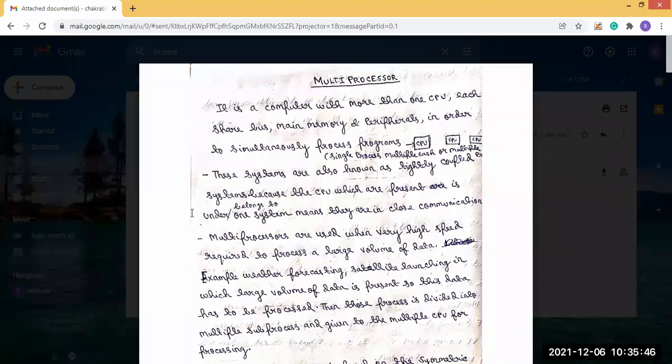The multiprocessor system has more than one processor, but it shares the bus, main memory and peripheral devices in order to simultaneously process programs. That means our bus, main memory and peripherals will be single, not more than one.